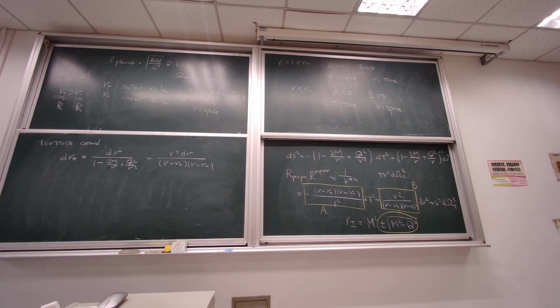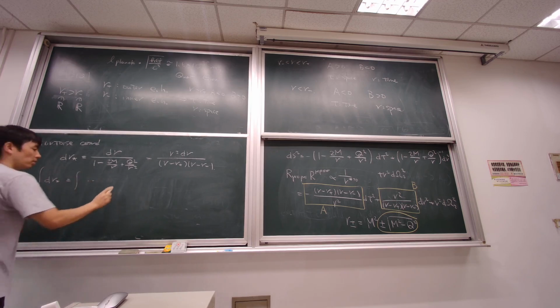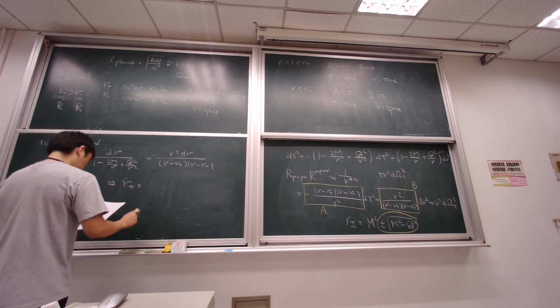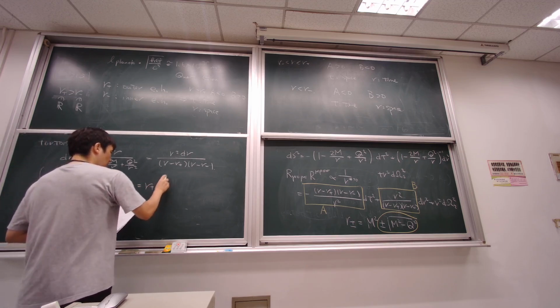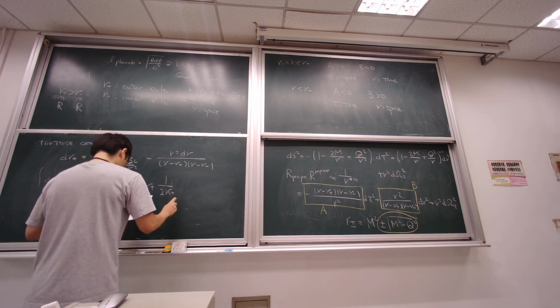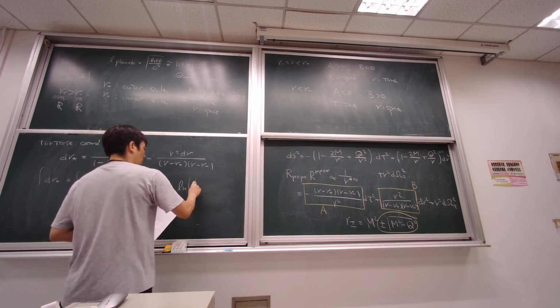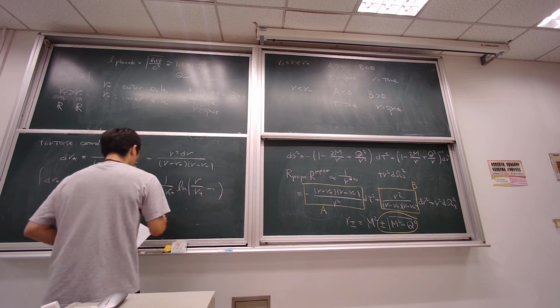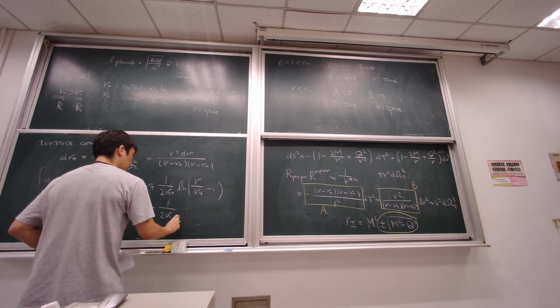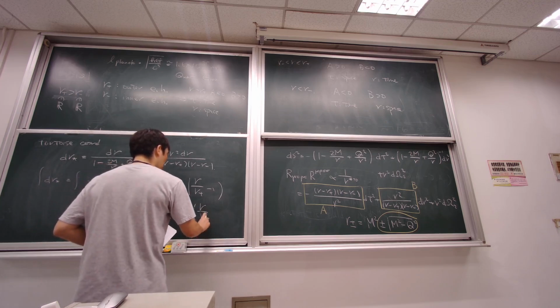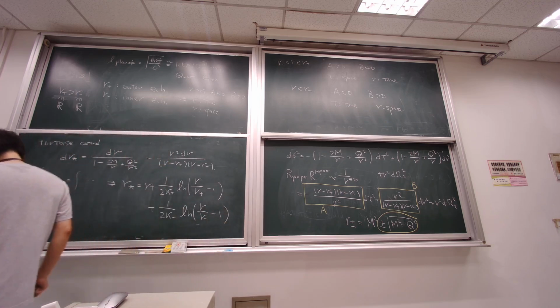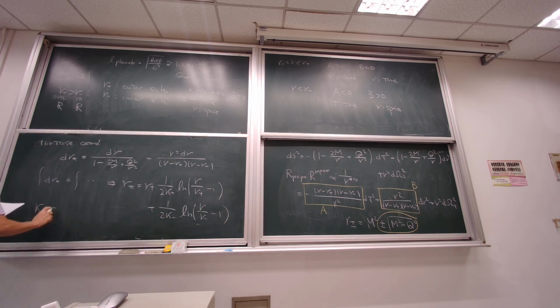And then you just do the integration. Then you will get r star is equal to r plus 1/2 kappa plus natural log of r over r plus minus 1, plus 1/2 kappa minus natural log of r over r minus minus 1, where kappa plus minus is equal to r plus minus minus r minus plus divided by 2r plus minus squared. Okay, so that's the tortoise coordinate.